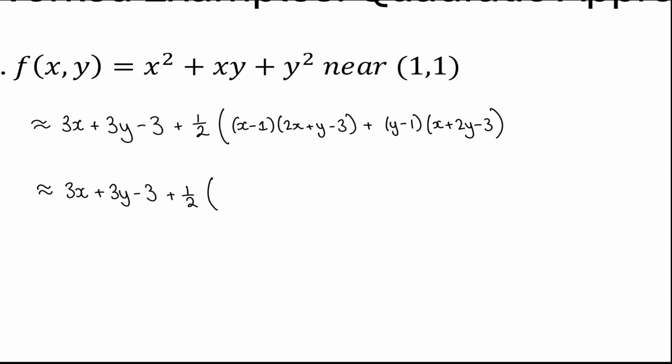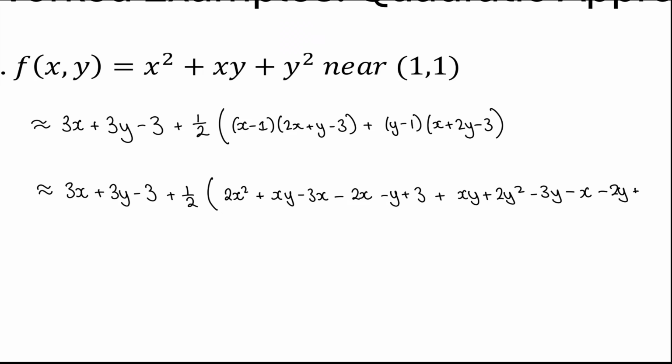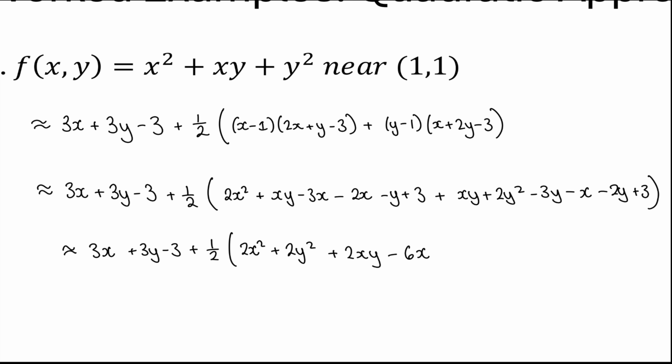If I now expand everything out, we get 2x squared plus xy minus 3x minus 2x minus y plus 3. And then over here we've got plus xy plus 2y squared minus 3y minus x minus 2y plus 3. So we get 2x squared plus 2y squared plus 2xy minus 6x minus 6y plus 6.